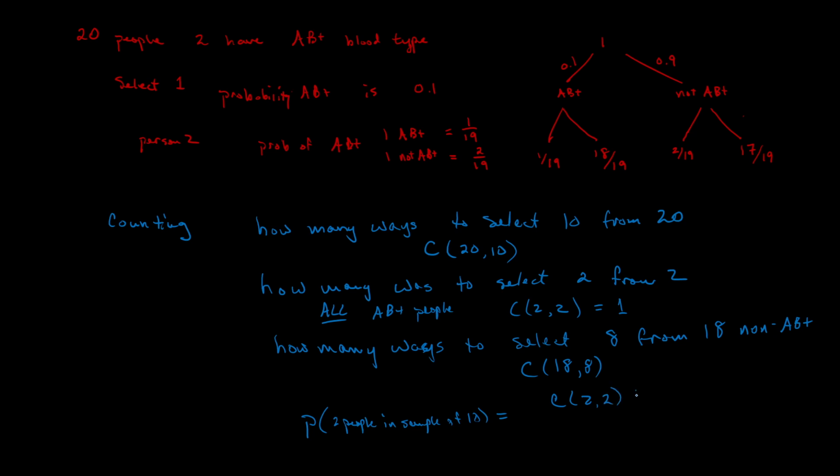So the ways to do that times the ways to get the 8 people to go with them, 18 taken 8 at a time, divided by combinations of 20 people taken 10 at a time. The total number of ways to select 10 people.